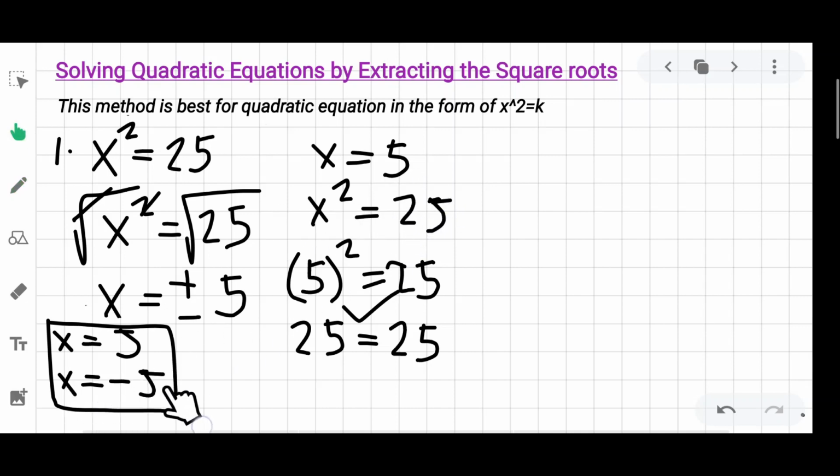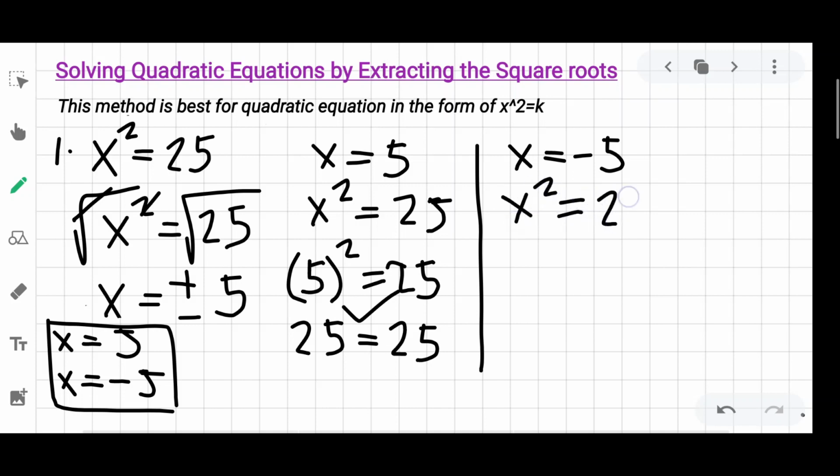So, how about yung pangalawa nating solution, which is x equals negative 5. The same thing lang yung gagawin din natin. So, equate x is equal to negative 5. So, use the original equation. Just copy the original equation. X squared equals 25. Next, papalitan natin yung value ng x ng negative 5.